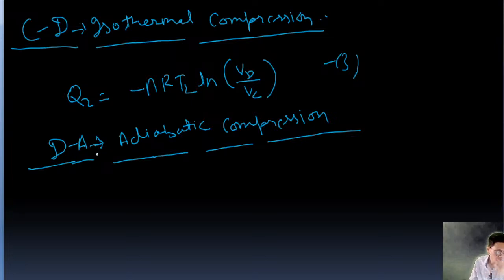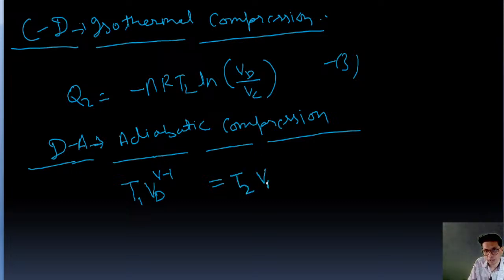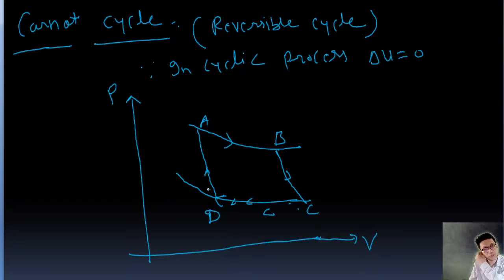So this is going to be T2 Vd to the power gamma minus 1 equal to T1 Va to the power gamma minus 1, because we are going D to A. These isothermal curves, this is at T1 and this is at T2.